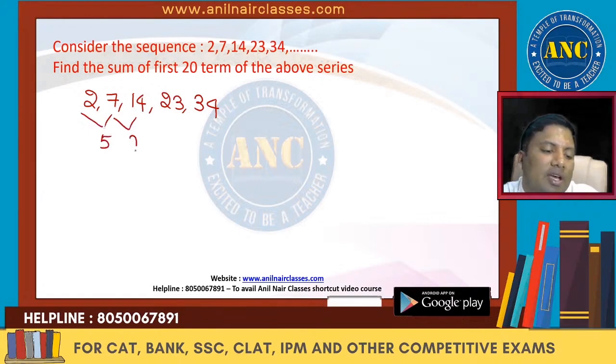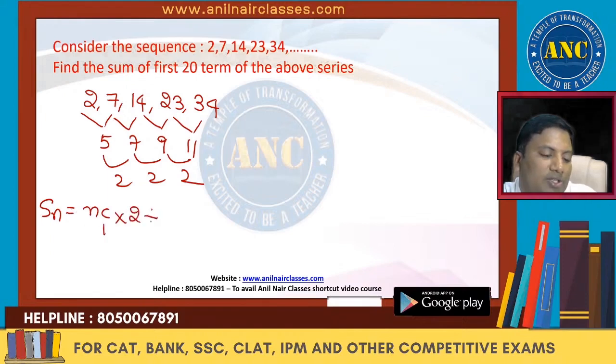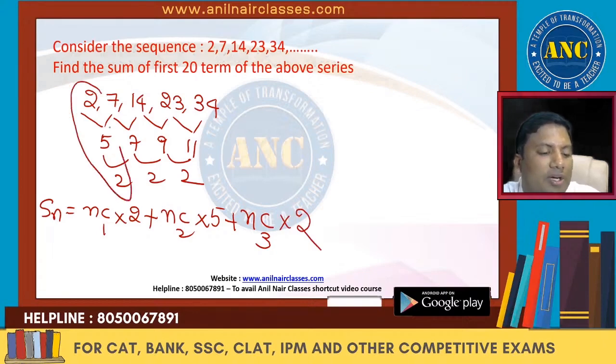These 5, these 7, and it is 9 and it is 11. These 2 and it is 2. So sum of n terms is nothing but nC1 into 2 plus nC2 into 5 plus nC3 into 2. Finish. Only the leftmost terms you need to take care of.